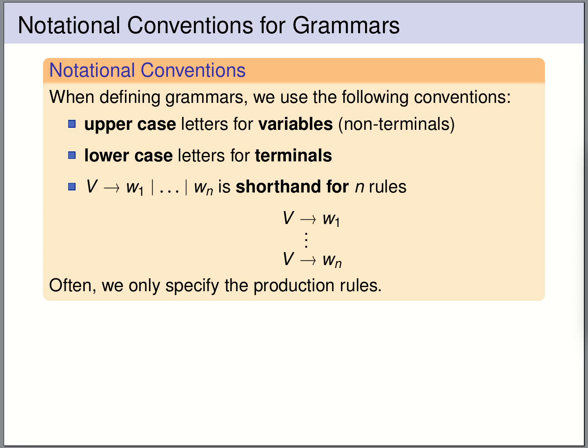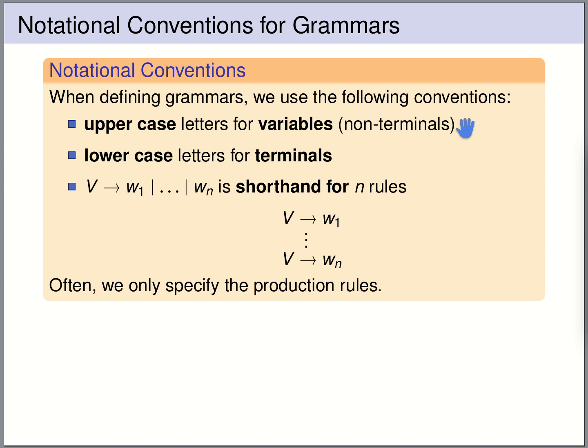In order to make defining grammars more convenient, we introduce a few notational conventions. Roughly speaking, we want to denote grammars simply by writing the production rules. We do not want to explicitly say what are the variables and what are the terminals. In order to do so, we use the following convention.